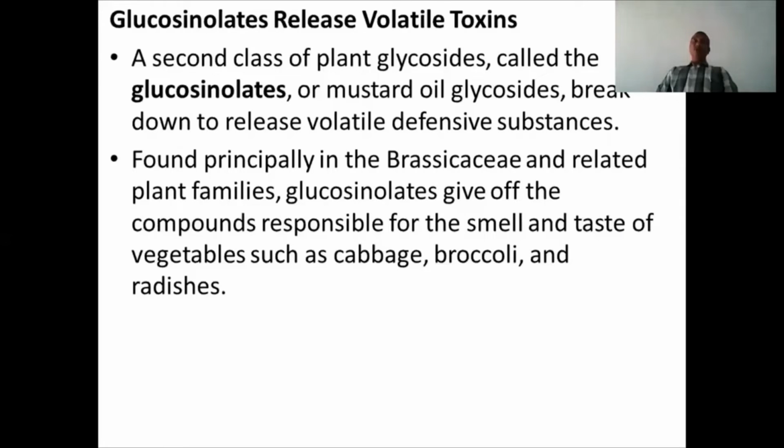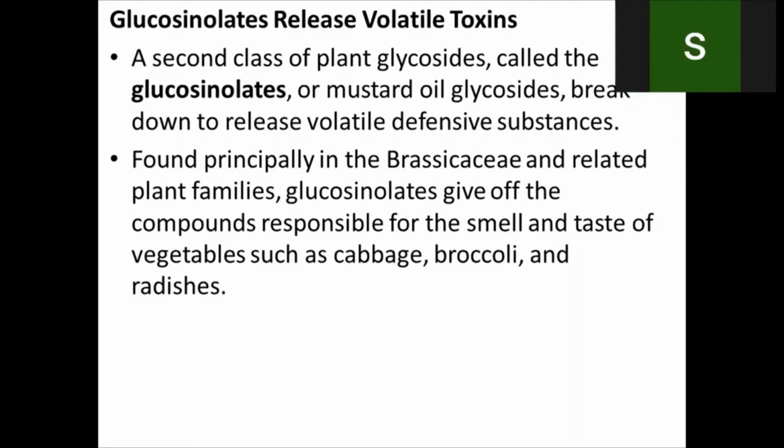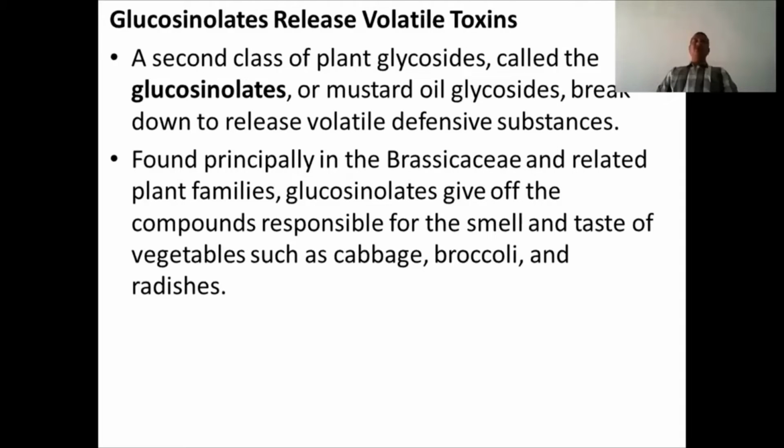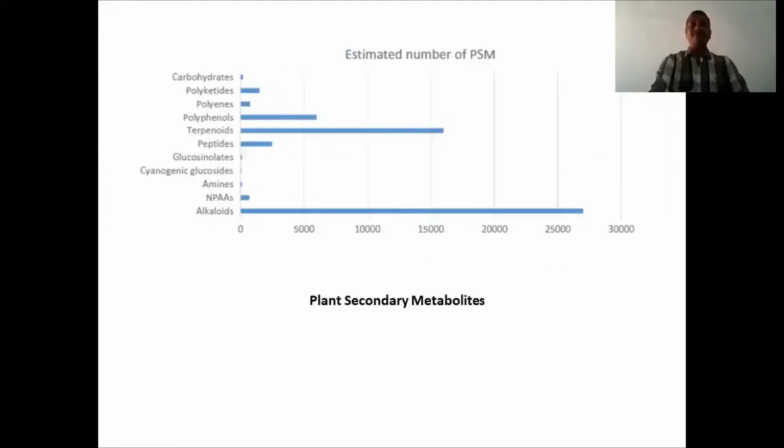Usually it is said that glucosinolate has the smell of mustard oil. So you have a lot of vegetables like cabbage, broccoli, radish, etc. These are the Brassicaceae members which are well known to give glucosinolates so that the insects and herbivores can't attack them.